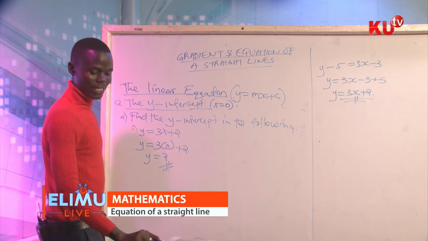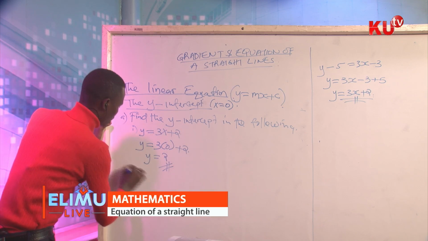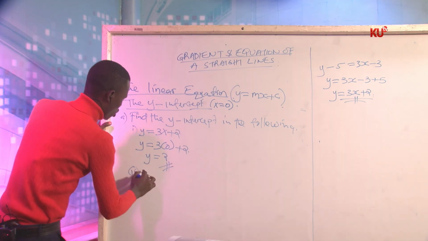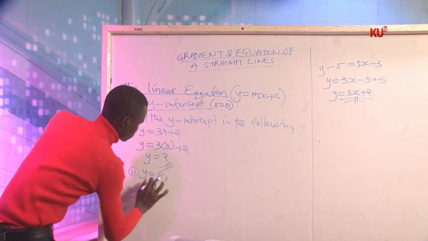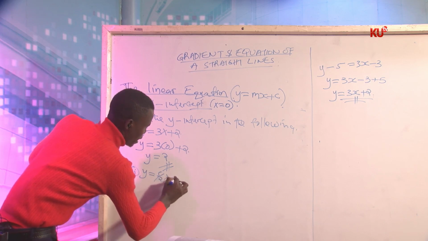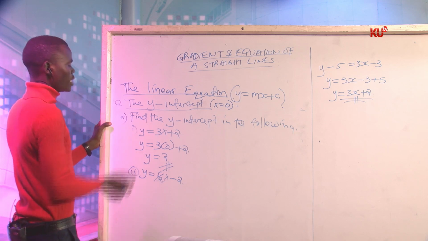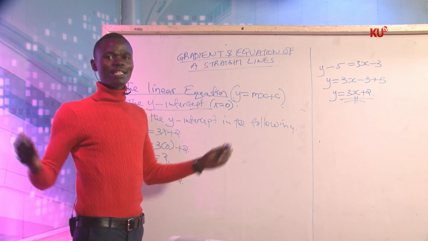And the last example, let us check, whereby we have got y equals to 5 over 2x minus 2. So now what do we do? It's just the same process. Nothing is difficult in this.